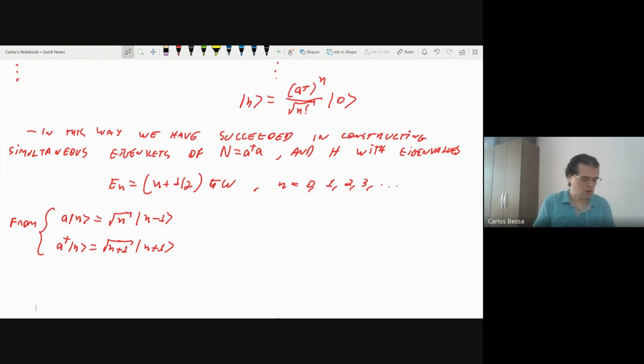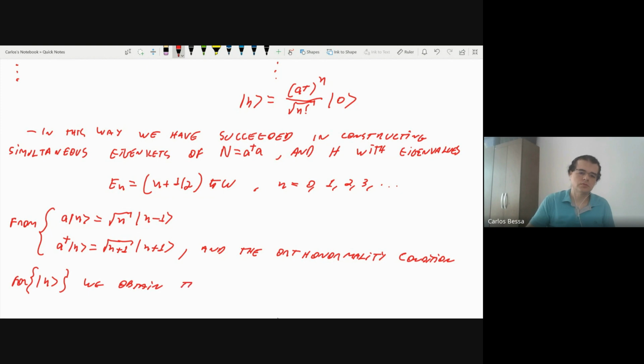We can use the orthonormality condition for the set of states, and we obtain the following matrix element.